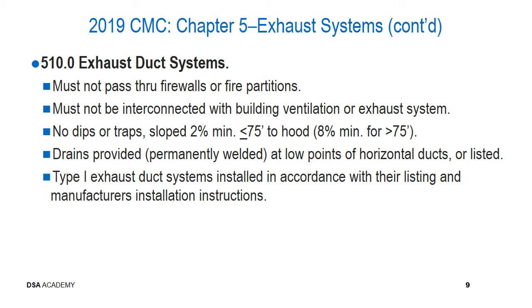Drains are required to be provided at the low points in the horizontal ducts or in compliance with their listing. These drains are also required to be permanently welded. The Type 1 exhaust duct system must be installed, again, in accordance with their listing and the manufacturer's installation instructions.